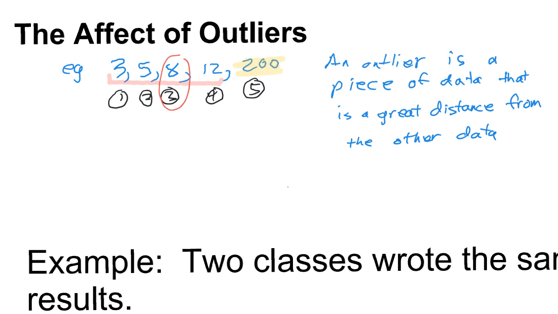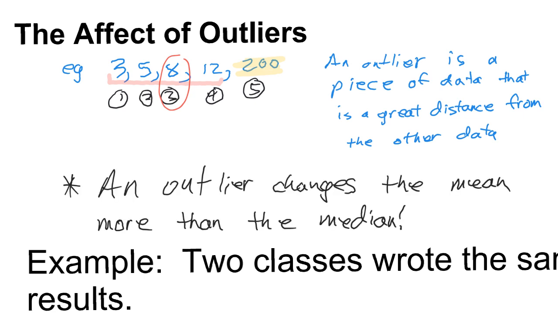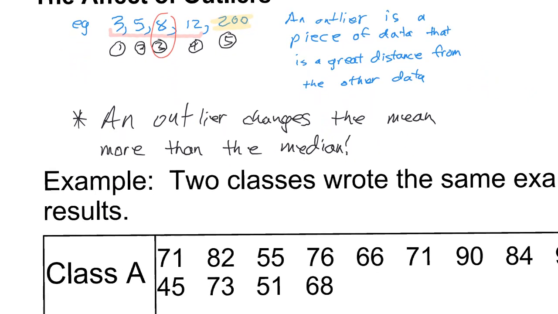But when we added that 200, the mean had changed from 14 to 114. So what you need to be careful of is that when you see an outlier, the outlier drastically changes the mean more than the median. All right, let's go and do this question here.